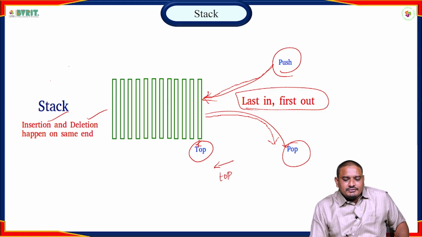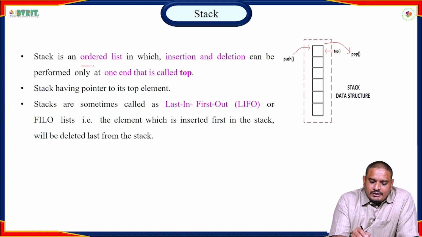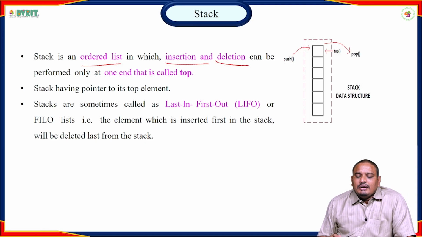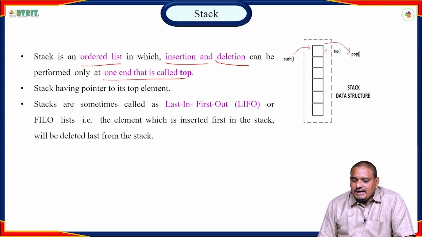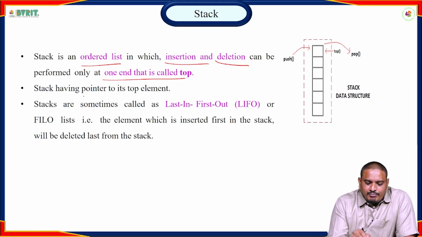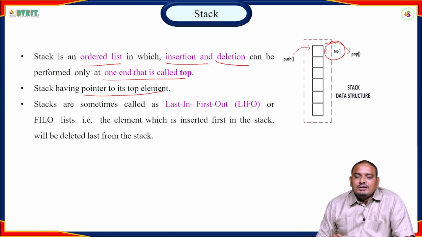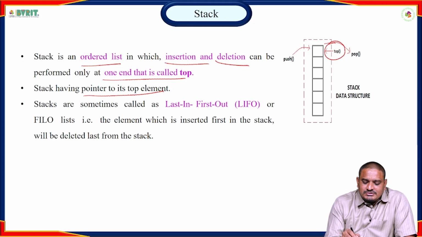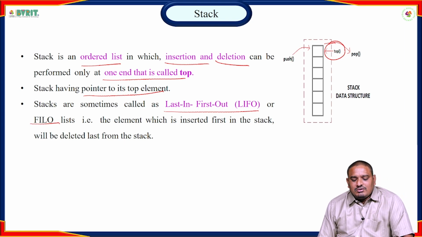See the stack. Here the stack is an ordered list, and insertion and deletion operations can be performed at only one end. The stack has a pointer to its top element. The stack can sometimes be called a last in first out or first in last out list.